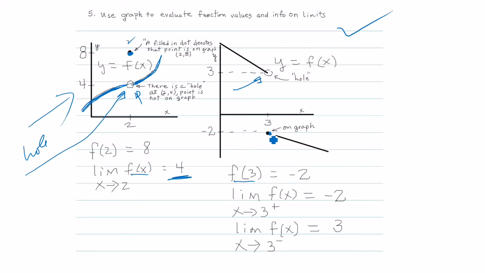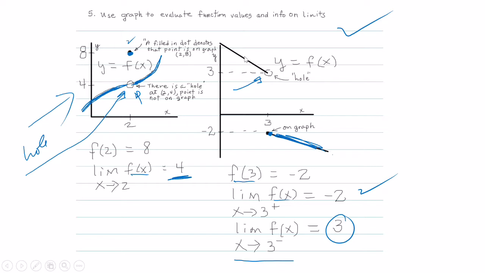That's just because there's a heavy dot there, a filled in dot. The limit of f of x as x approaches 3 from the right. You need to get on the curve and go towards the right. You see it approaches minus 2. And the limit as it approaches 3 from the left is 3.